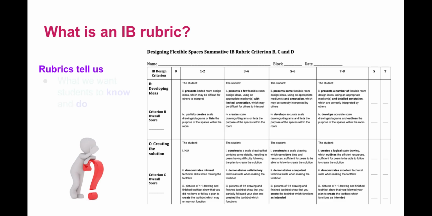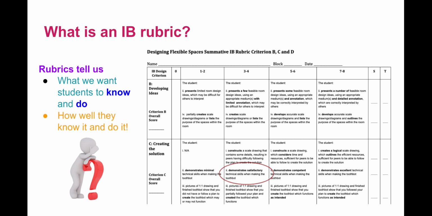So what are the rubrics? They tell us both what we want students to know and what we want them to do. And then we give them feedback on how well they know and can do it. So we can literally just circle things on the rubric to give students feedback about their level of growth and their level of understanding.